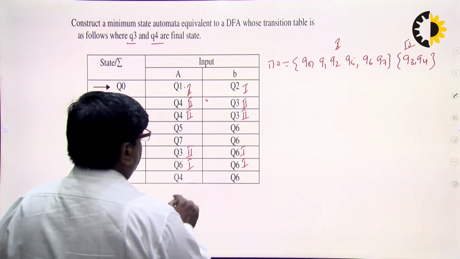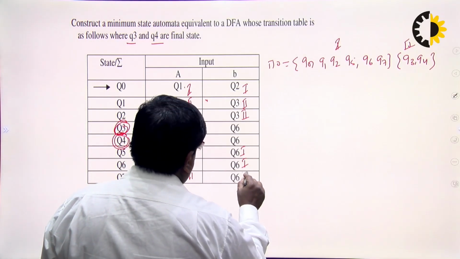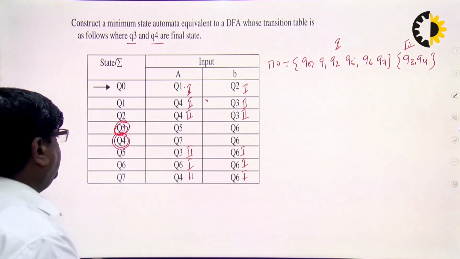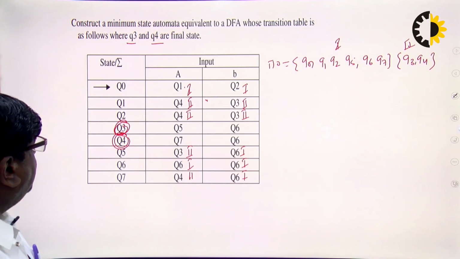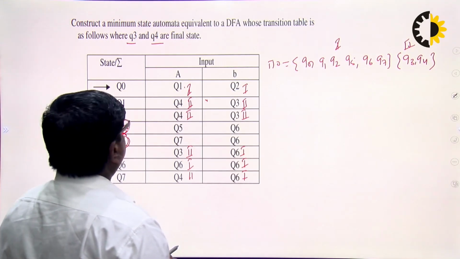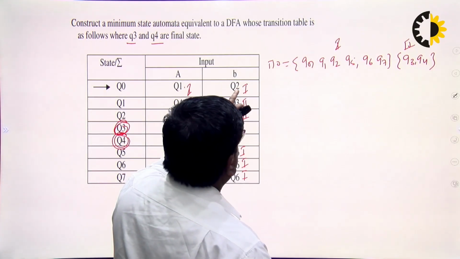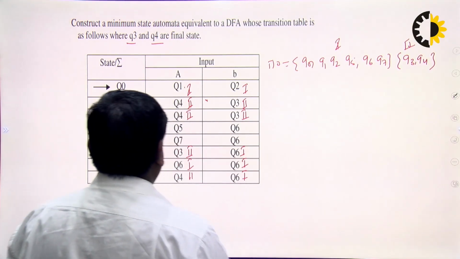Q7 that is 2 and Q6 1. Now check which ones have similar behavior. Q0, Q1 set number 1, or Q2 again set number 1. So how many states? That is 1, 1.